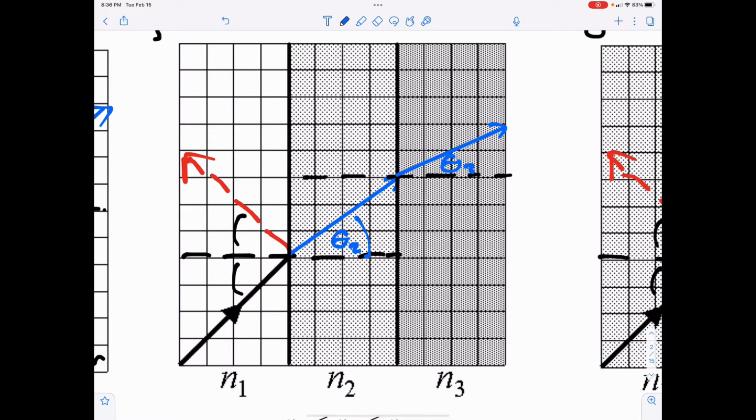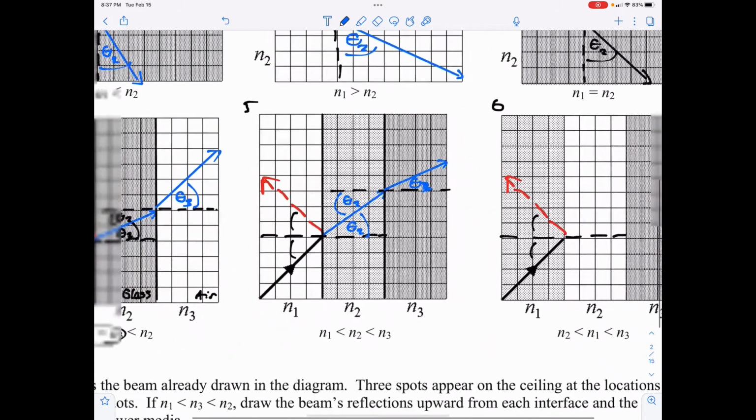I call that theta 3. So my theta 2 over here also becomes my incident angle, refracting angle on this side. And we can call that theta 3.